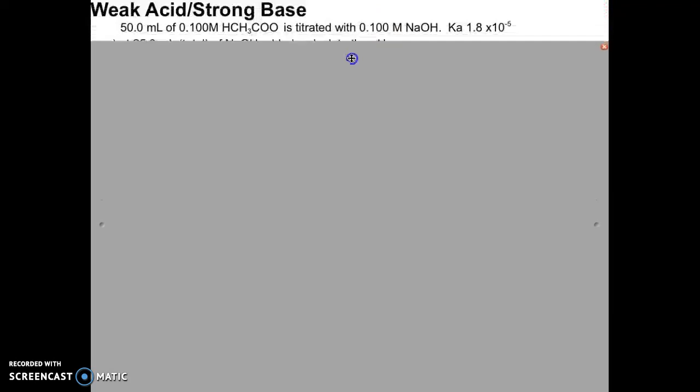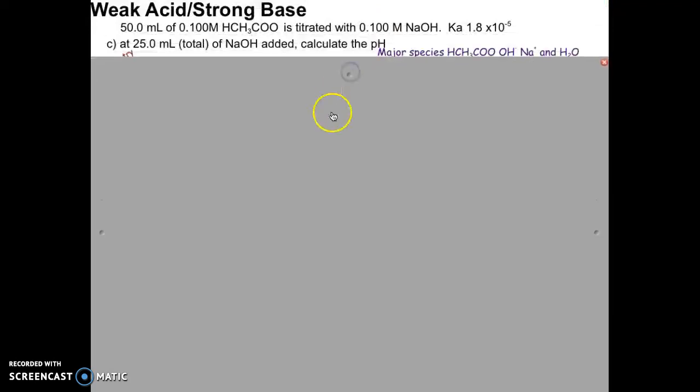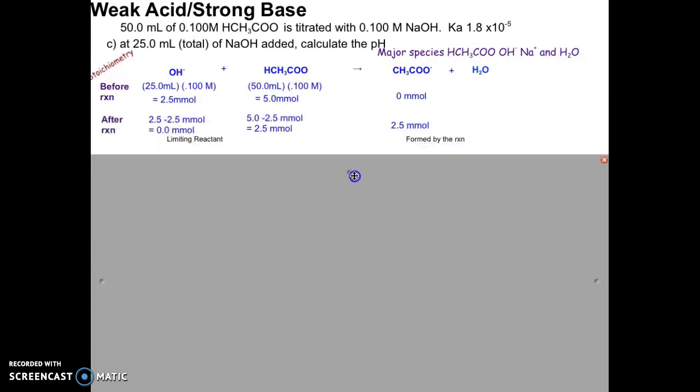All right, so now we're going to continue, and I'm going to take a look at what happens if we add 25 mils. The process is exactly the same, and I'm talking about 25 mils total. So we initially added 10, now I added 15 more, so I'm at a total of 25. Before the reaction, I had 25 mils of 0.1 molar sodium hydroxide, so I have 2.5 millimoles of hydroxide.